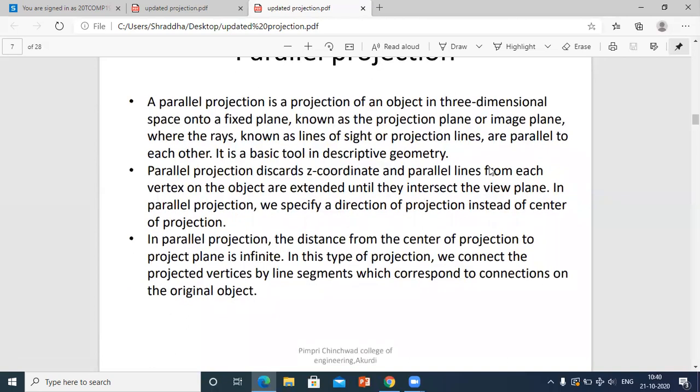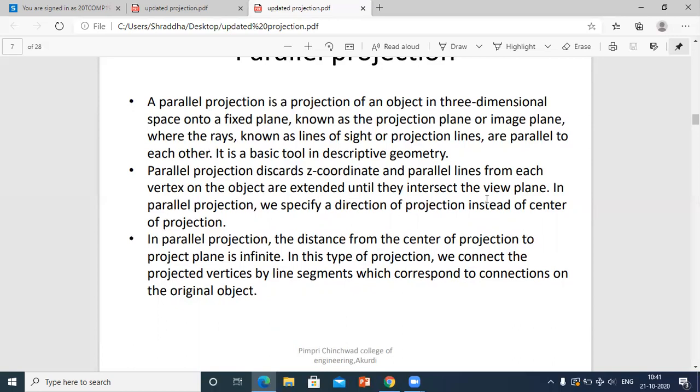Then the second point: parallel projection discards the z coordinate, and parallel lines from each vertex on the object are extended until they intersect the view plane. This means the z axis coordinate will be discarded, and only parallel lines from each vertex on that particular object are extended.